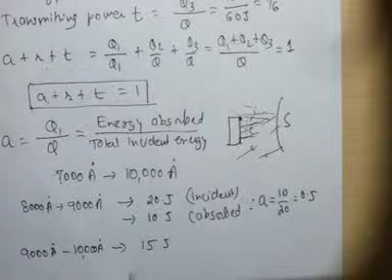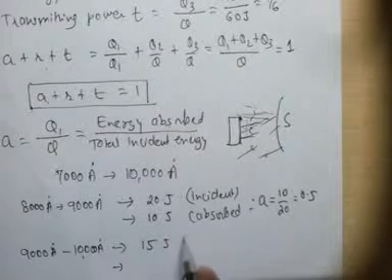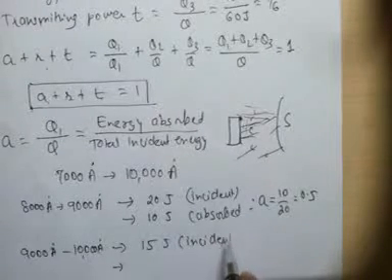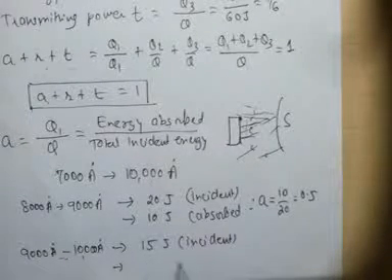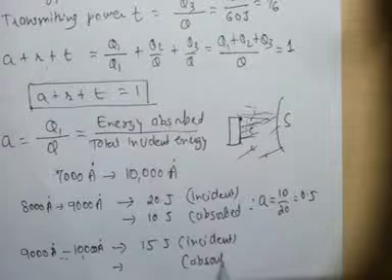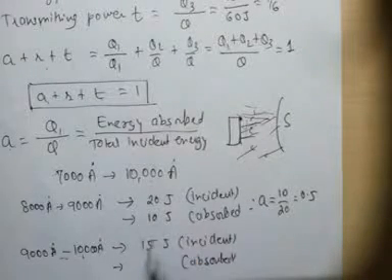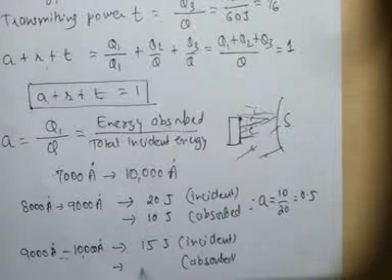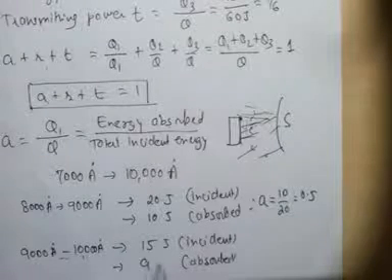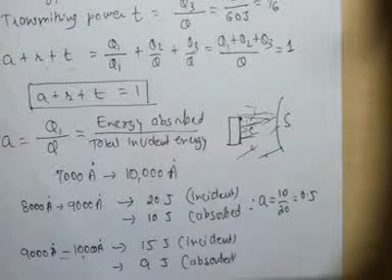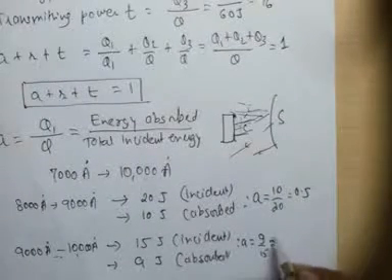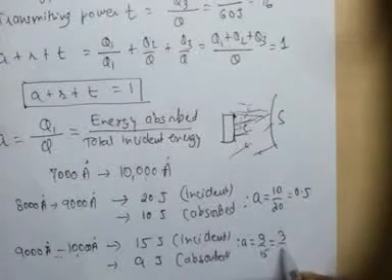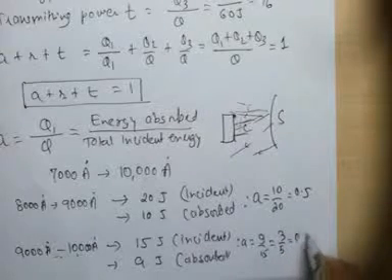This is the total incident energy of this particular wavelength. Out of these 15 joules, the energy absorbed is not necessarily in the same ratio, it is not half. It could be, say, for example, 9 joules. And therefore A will turn out to be 9 upon 15, which is 3 upon 5, which is nearly 0.6.